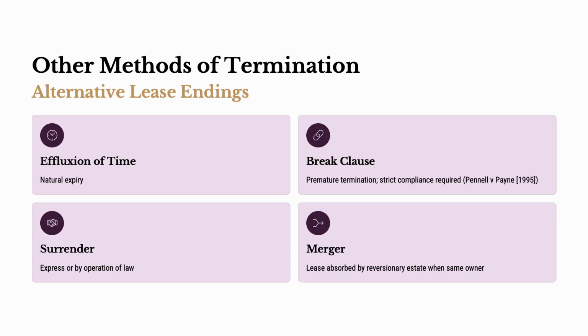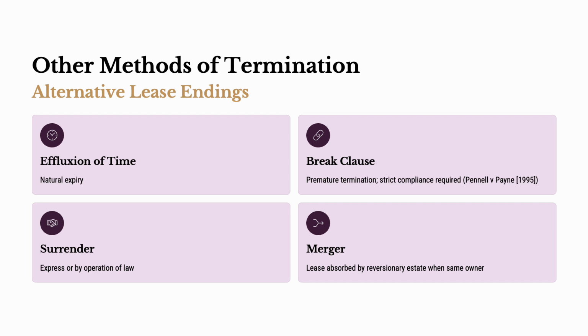So there are other ways of termination. Number one, expiry of time. The natural expiry, lease was for a time and that is gone. Number two, it is a break clause, that the lease had termination or break clause in it. So at that point, one of the cases established that break clause condition must be strictly complied with.